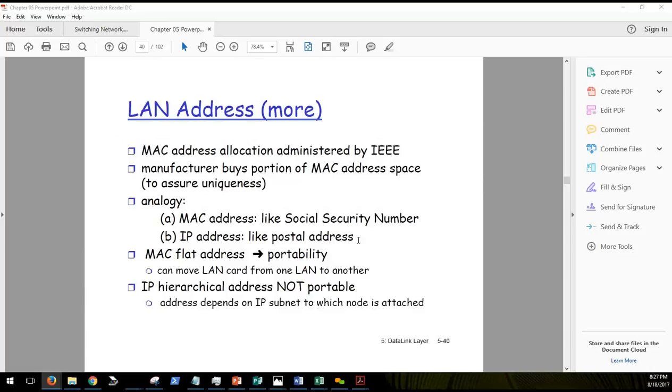I think the reason they're saying this is that a Social Security number identifies an individual person, whereas a postal address identifies the location of a home in which many people might live.